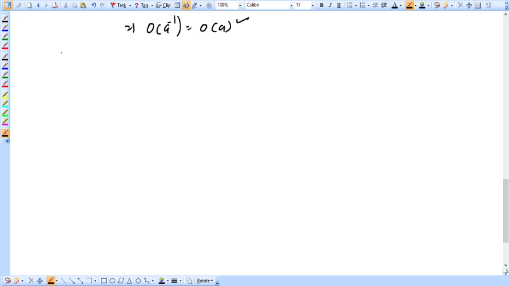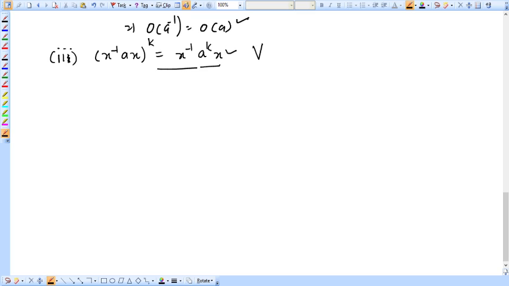Now the second part says X inverse A X raised to power K is equal to X inverse A power K X. We have to prove this for all K belonging to integers. So we are going to prove this by principle of mathematical induction.